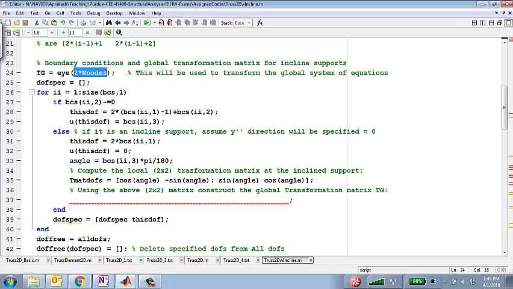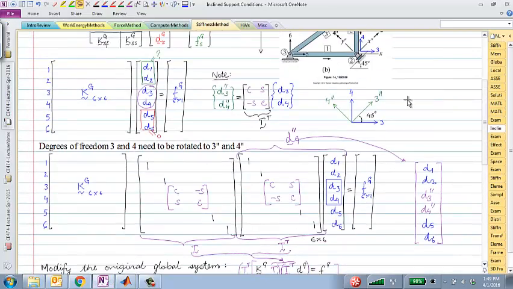So what this command does is makes an identity matrix, just like I showed you in the last lecture. First thing I did was make this matrix and wrote 1 all across, right? That's the 2n cross 2n identity matrix. But then I need to go into the right location and change by cosine, sine, minus sine, cosine.